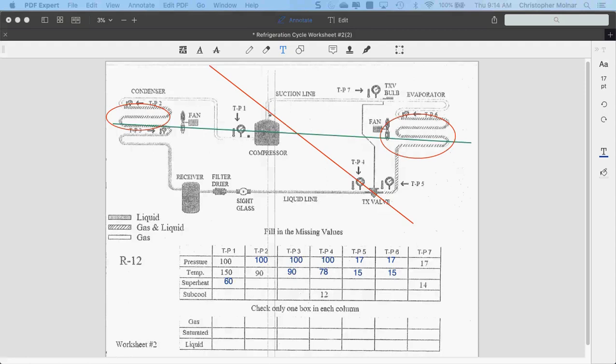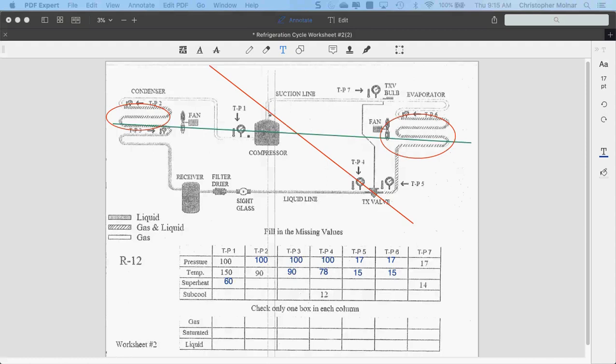Now, you will notice that I left temperature 7 blank. Why did I leave temperature 7 blank? Some of you have gone ahead in your reading or looking at course material. So tell me, why did I leave temperature 7 blank? Because of superheat. Yeah, well, superheat is 14. So what do I have to do to the temperature at that point to get a temperature reading?